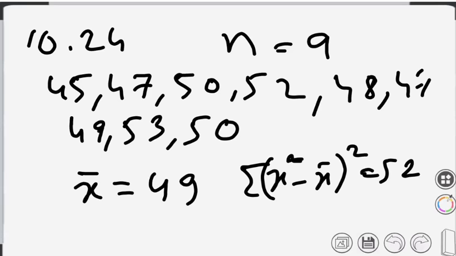Okay, then it's 49, and summation xi minus x bar square. If you check, 45 minus 49, that is 4 square.